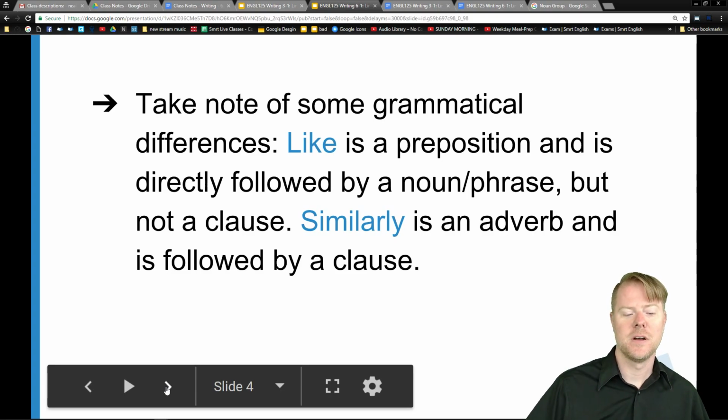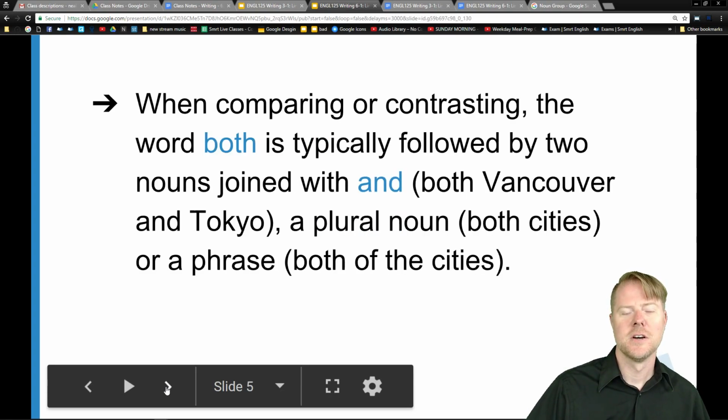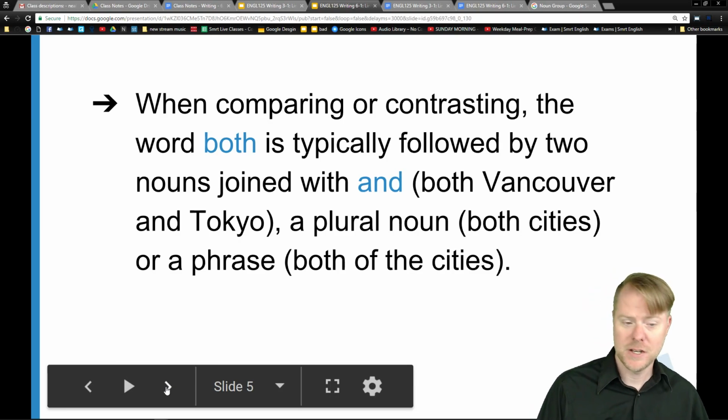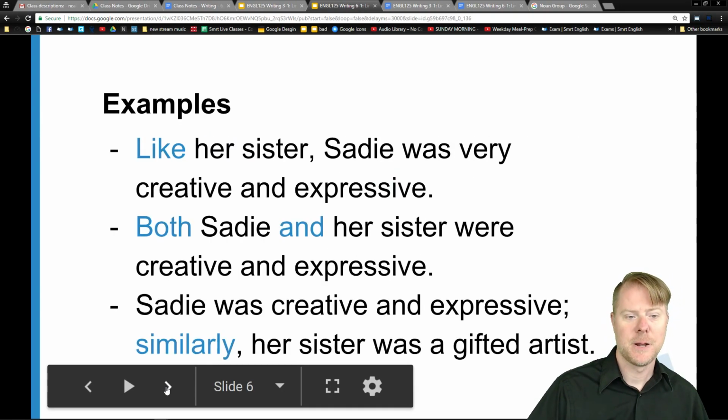Similarly is an adverb and is followed by a clause. When comparing or contrasting, the word both is typically followed by two nouns joined with and. For example, both Vancouver and Tokyo. Or it can be followed by a plural noun, like both cities, or a phrase, like both of the cities.